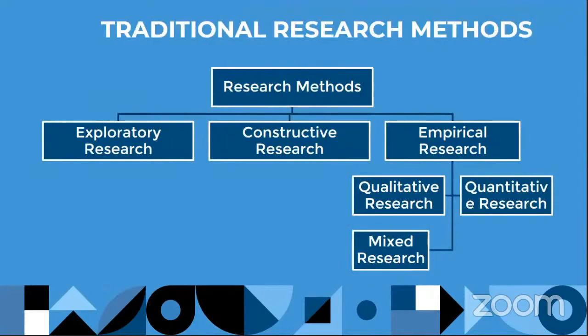Now, when I talk about traditional research methods, they are of three types: exploratory research, constructive research, and empirical research. Exploratory research is to identify and define a problem or a question.